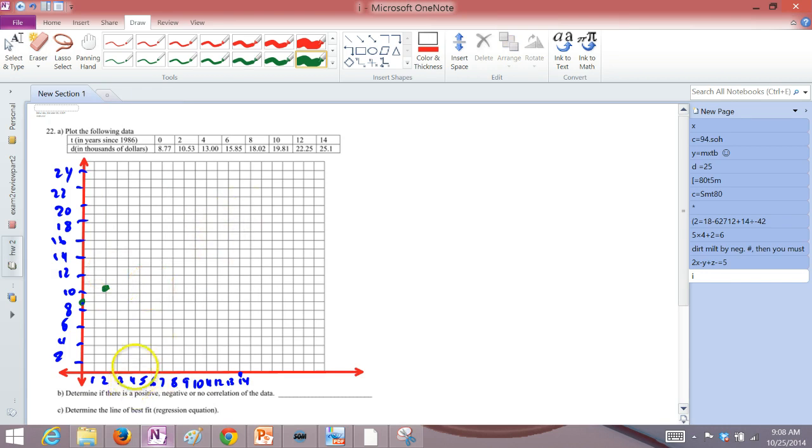13 at 4. 15.85 at 6. Almost 16. 18 pretty much at 8.